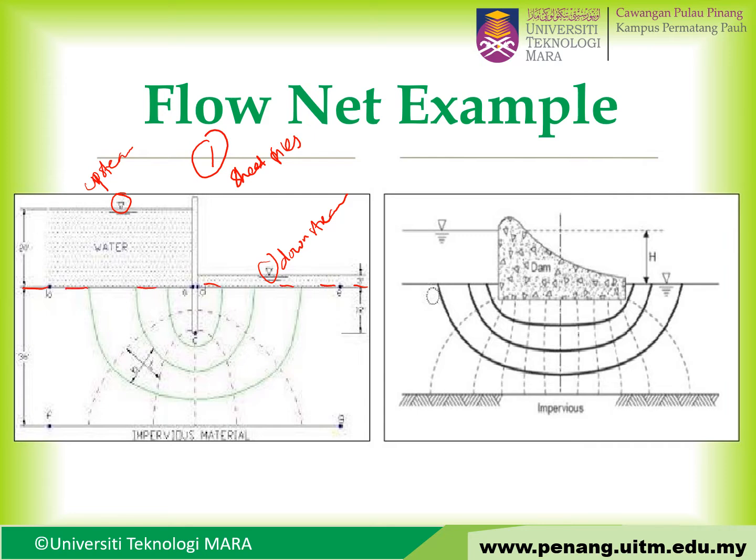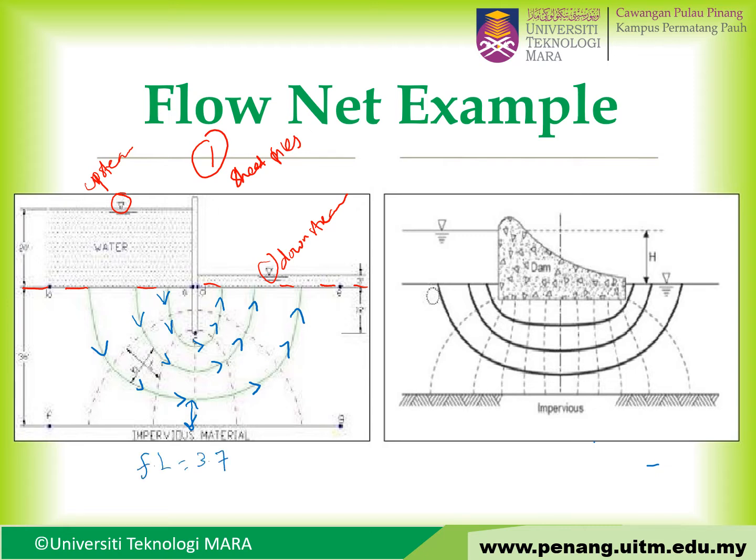The water flows from the upstream to the downstream, so it's parallel. You have to draw lines. Here, for example, you have 1, 2, 3, so about 3 flow lines.